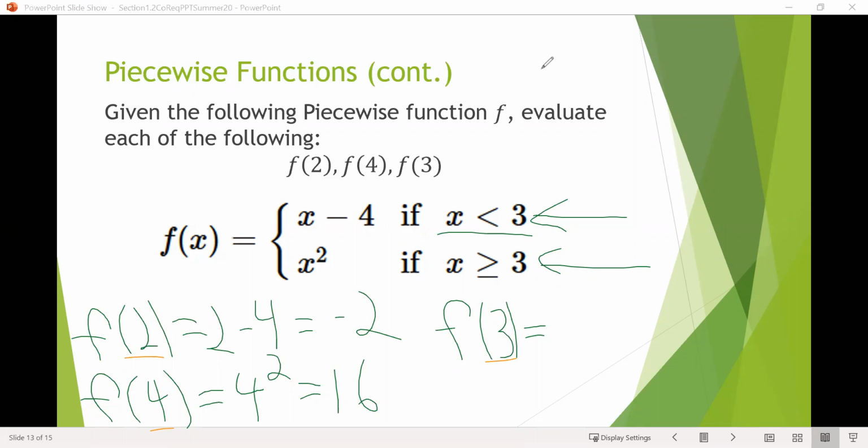So we're not going to use that formula. So then the second one here says we use for values of x that are greater than or equal to 3. So is 3 greater than or equal to 3? Yes, it is. So we use that in this formula then. So we'll do 3 squared, which will give us 9. So f of 3 in this case would be 9. Cool? All right.